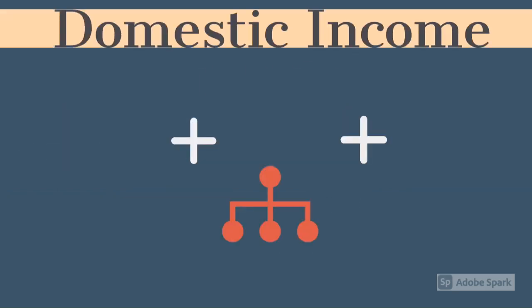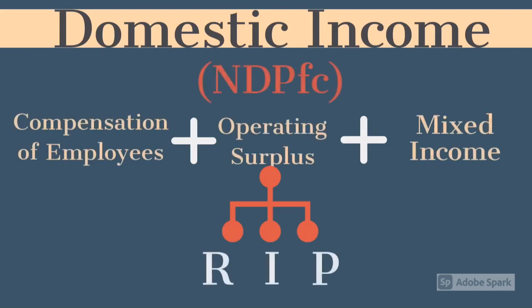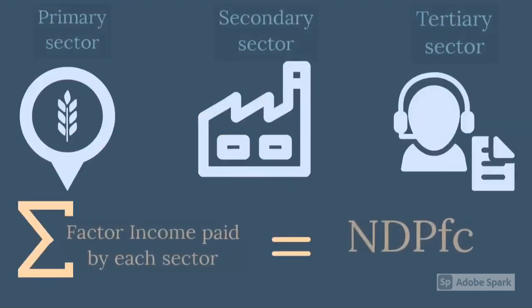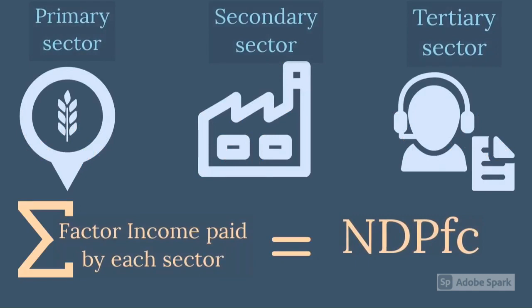Time to aggregate. Domestic income, or NDPFC, of the economy can now be presented as the sum of COE, operating surplus, and mixed income, where operating surplus would be rent royalty plus interest plus profit. To arrive at the figure of NDPFC, we would need to identify and classify all producing enterprises into primary, secondary, and tertiary sectors.